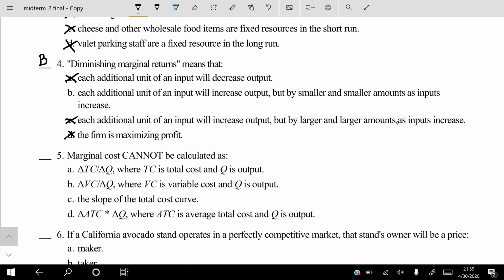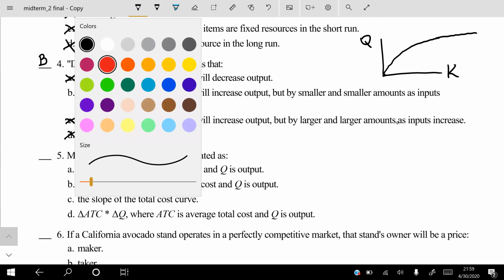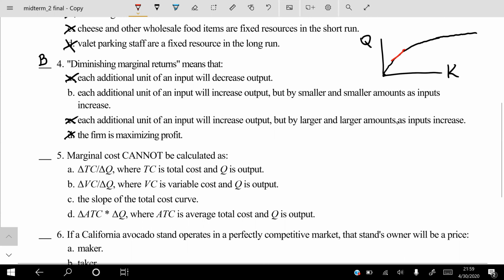So remember, what's happening in this question is that as you increase, let's say, capital, you're still getting more and more quantity as you increase your capital, but it's slower and slower. And if I were to draw little tangent lines, see that tangent line's steep, but then the tangent lines are losing their steepness.